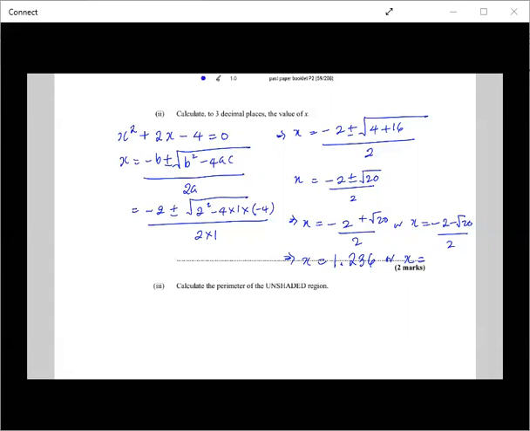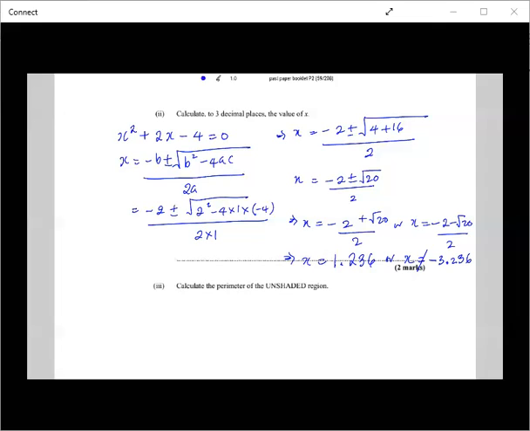Then I divide by 2, and the value of x is minus 3.236. Now, of course, x cannot be negative. Why?